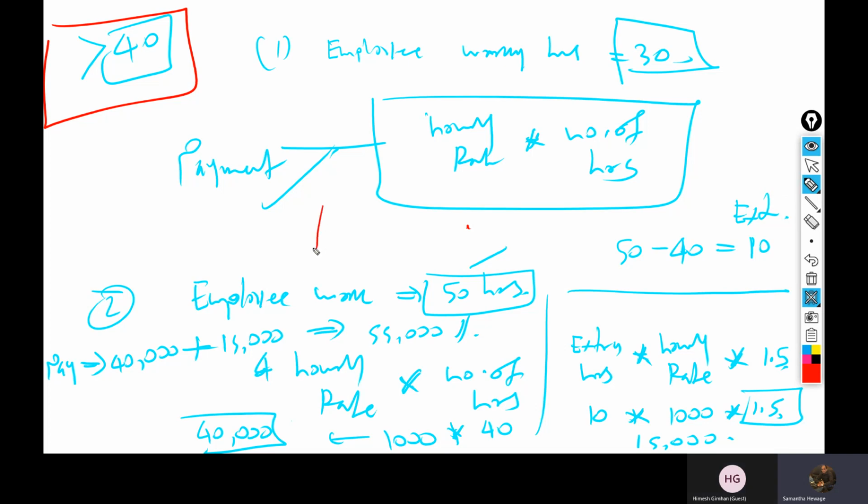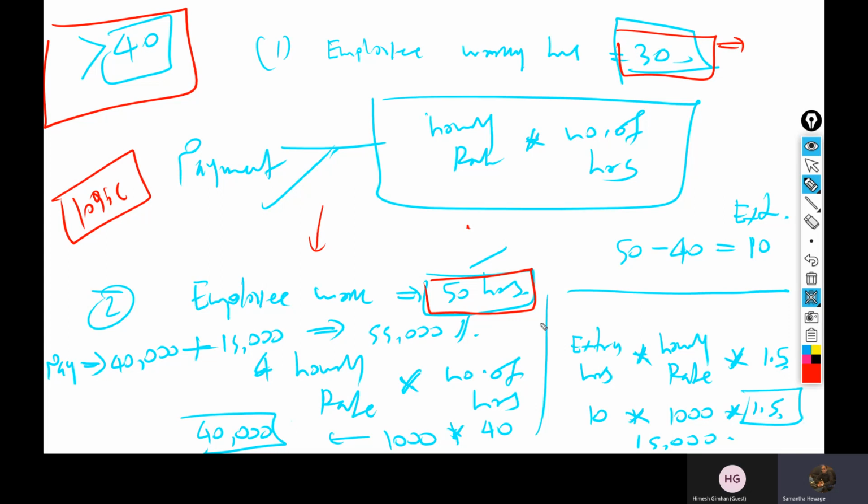Here I show you. I got two examples. I just want to show you the logic behind that. Then you have to understand the logic. I got two inputs, 30 hours and 50 hours. I just want to elaborate the logic behind that. Then you have to come up with a program now.